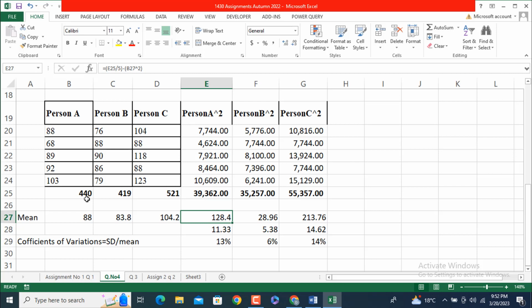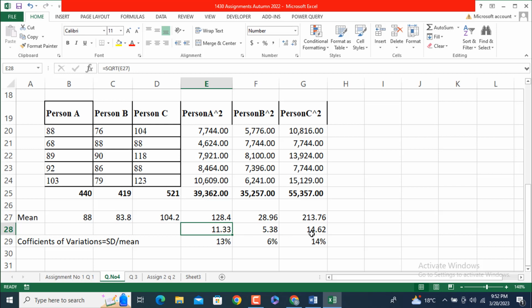So 44 whole square. Look at this E25. This is E25, divided by the number of observations, which is equal to 5, minus this whole square. So I will get this value, 128.4. This is the variance, and the square root of this value is 11.33.